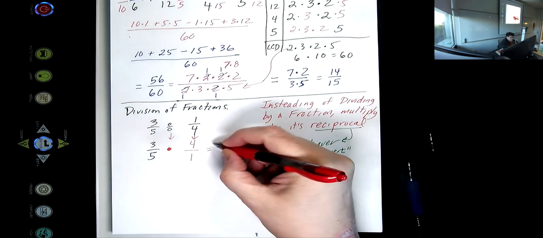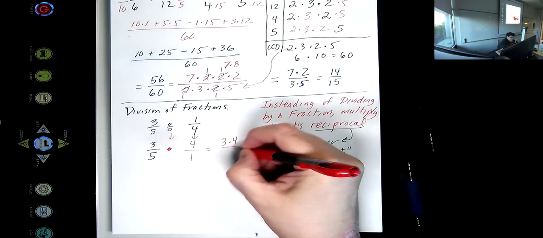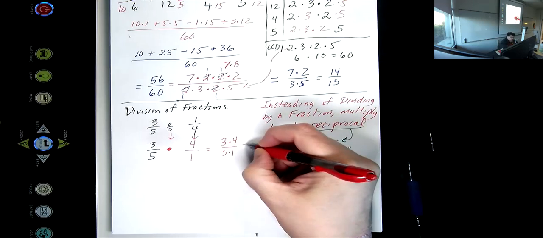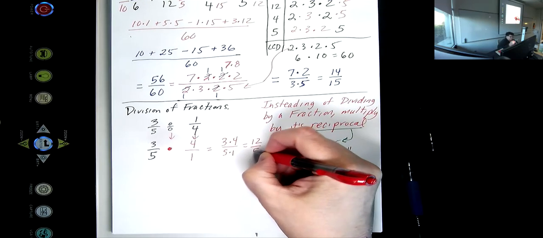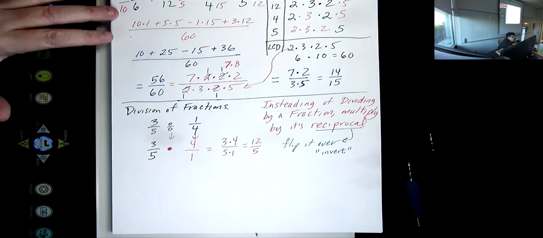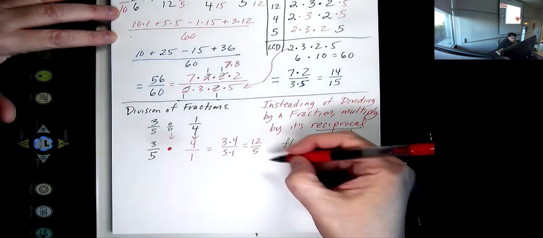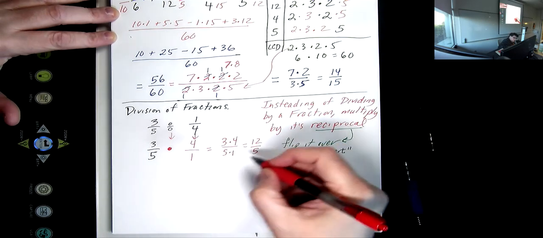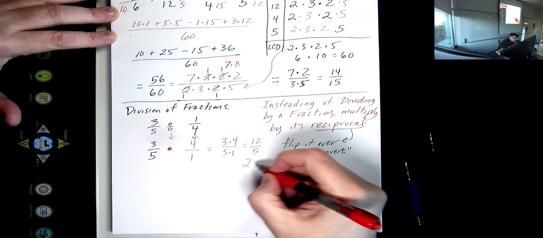So now it's 3 times 4 on top, 5 times 1 on bottom, which is 12 over 5. And if you go through the process of getting a mixed number, that would be 2 2/5.